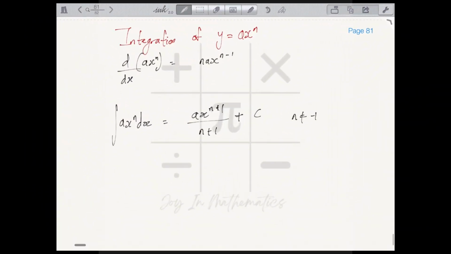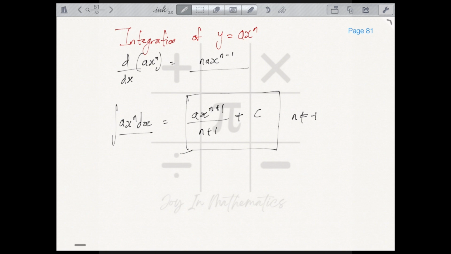Now let's talk on the integration of y equals ax raised to power n. We recall that while differentiating this format, we have nax raised to power n minus 1. Now, if we want to integrate this same format, it will give us ax raised to power n plus 1 divided by n plus 1 plus c, with an exception that n is not equals to minus 1.